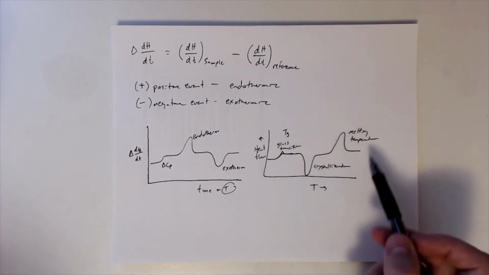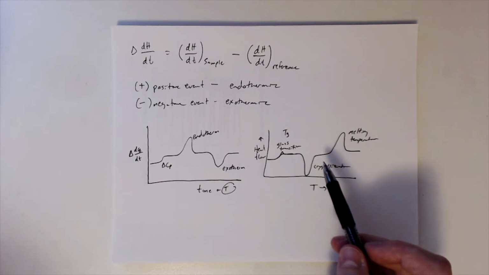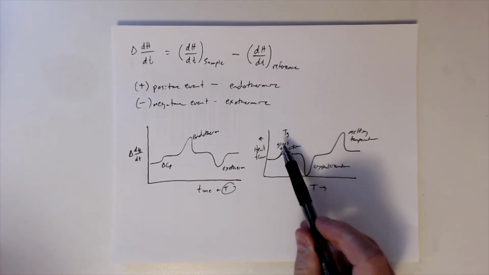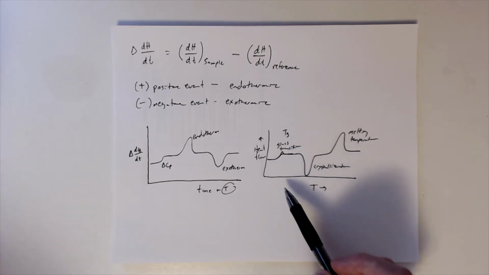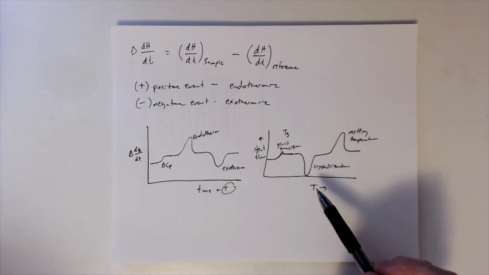So this is all the different transitions that we might expect to see for a polymer. If it's amorphous or has some amorphous phase, then it'll go through a Tg at some temperature. Keep in mind that we're only testing a certain range. So if that material has a glass transition temperature, for example, below room temperature, we're not going to pick it up.